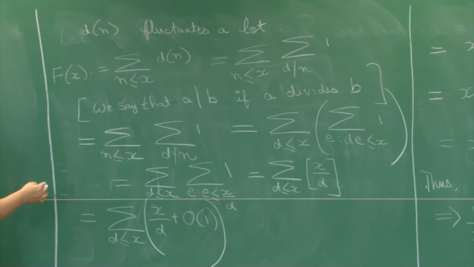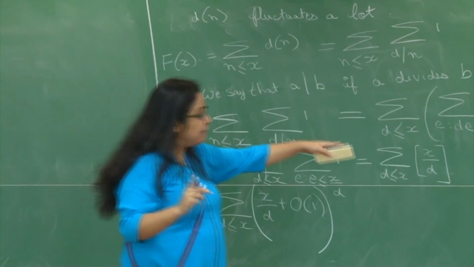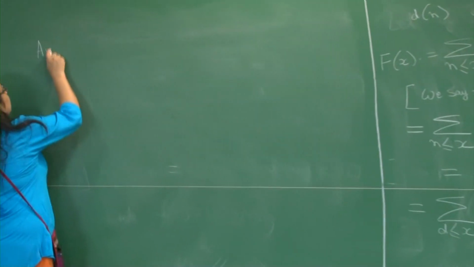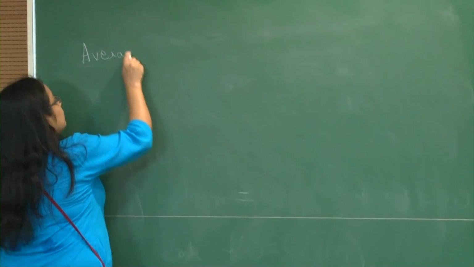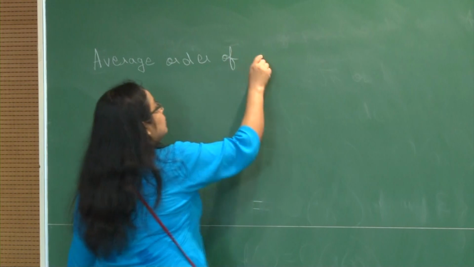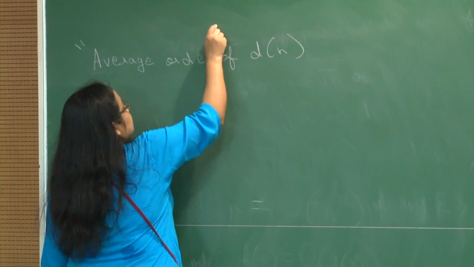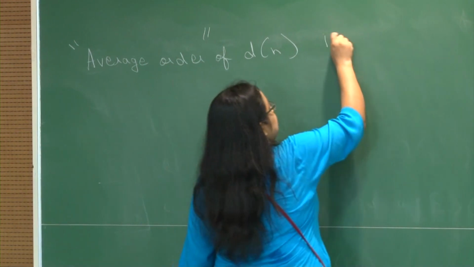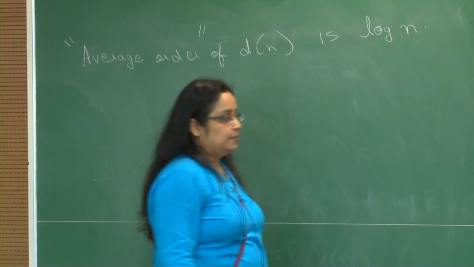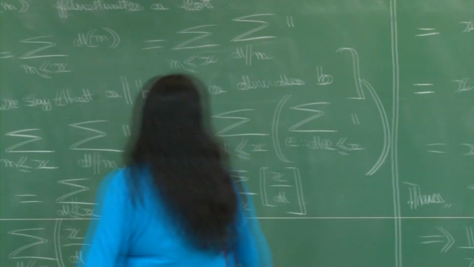So, what we get is that average order, not the order, but the average order of d of n, we say that the average order of d of n is log n, because the average value is something.